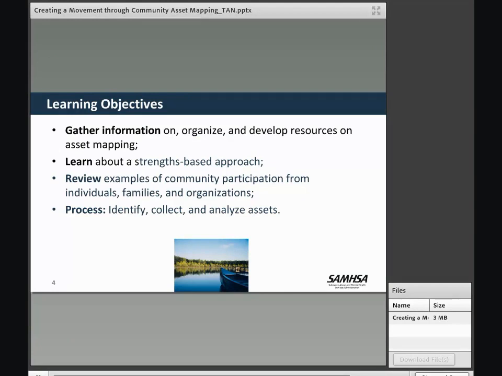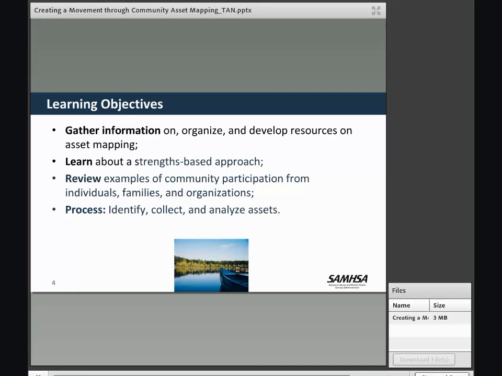Community asset mapping uses a strengths-based approach. A lot of communities focus on deficits, but community asset mapping really focuses on the strengths and the assets within the community. Those assets are defined by the community and identified by community members.